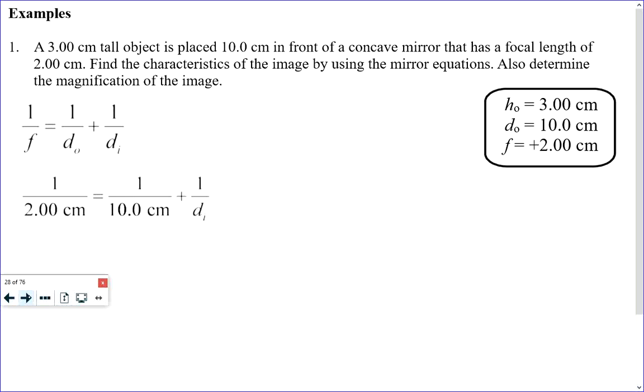So when I rearrange this, what I need to do first of all is get 1 over di by itself. This is not math where we're going to multiply by a whole bunch of stuff to get rid of denominators. Forget that. We're just going to take 1 over 2 minus 1 over 10. And I don't mean 1/2 minus 1/10. I mean 1 divided by 2 minus 1 divided by 10. I mean decimals. And I would like you to calculate what that is.